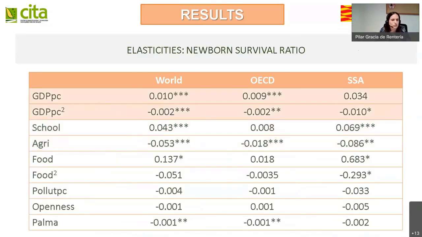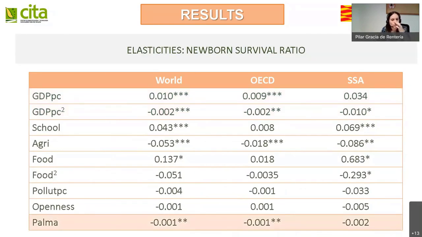There is also a positive relationship between per capita income and child survival ratio, although we can see that this effect is more limited than for other drivers, and moreover, this effect tends to be softened as per capita GDP increases, as you can see in the negative coefficient of the quadratic GDP variable.